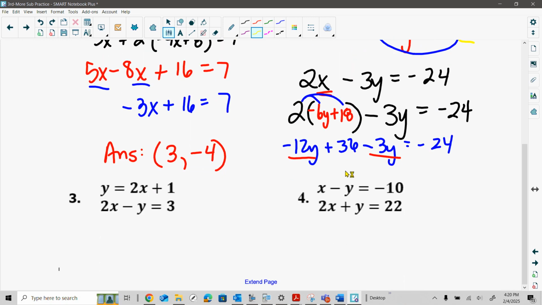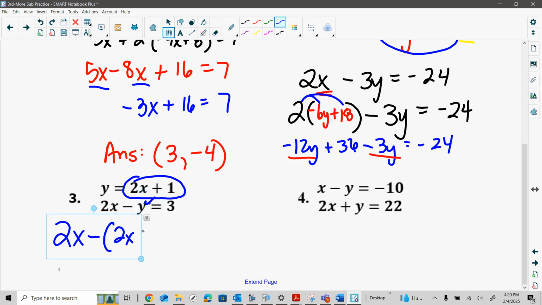Now on 3, the y term is already isolated in equation A, so I'm just going to take this expression and plug it in for y at the bottom here. So when I rewrite this, this will be 2x minus parentheses 2x plus 1 equals 3.